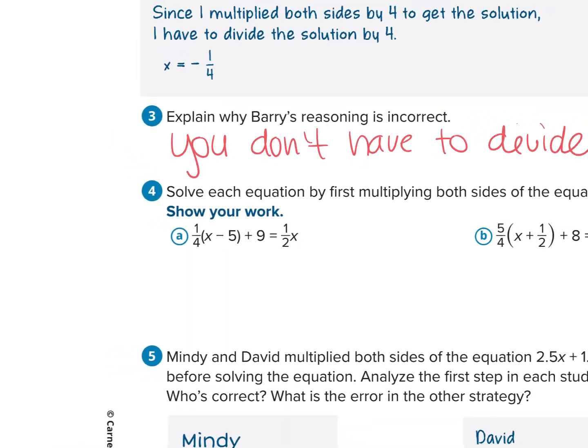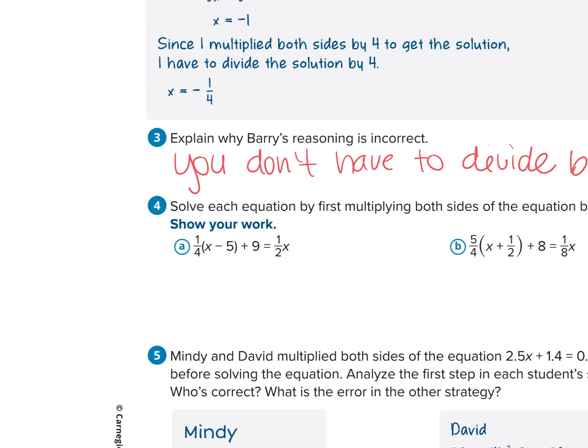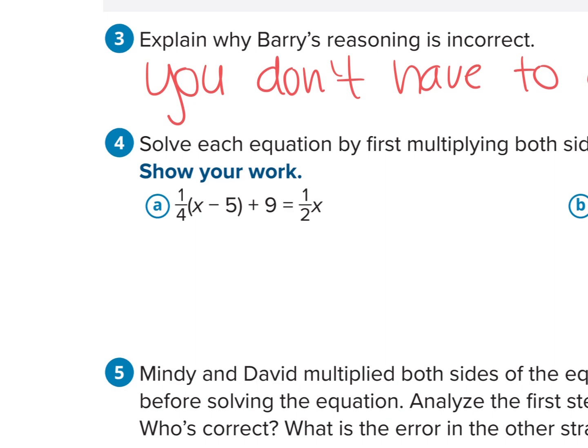We'll look at these next two together as well. If we were to look at letter A, our least common denominator, if we look at 4 and 2, would be 4. So we're going to multiply both sides by 4. And remember, whenever we do this, you're not supposed to multiply by what's in the parentheses.